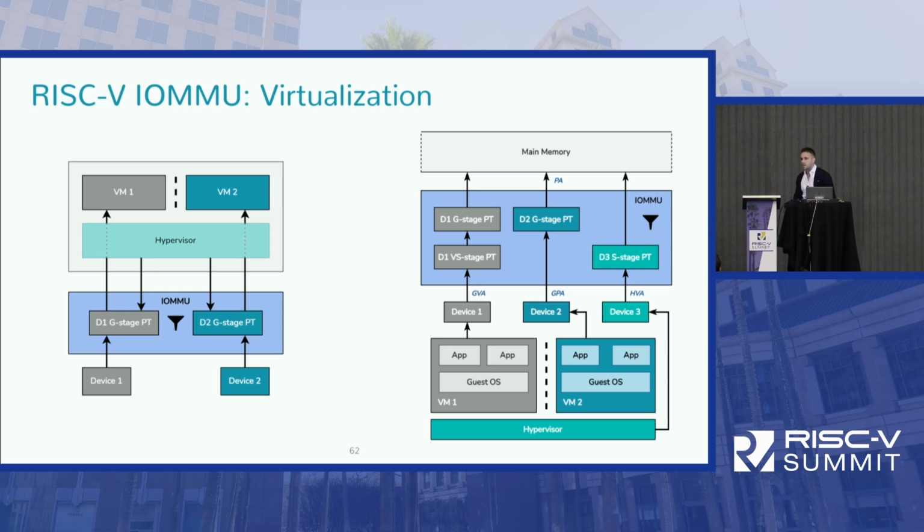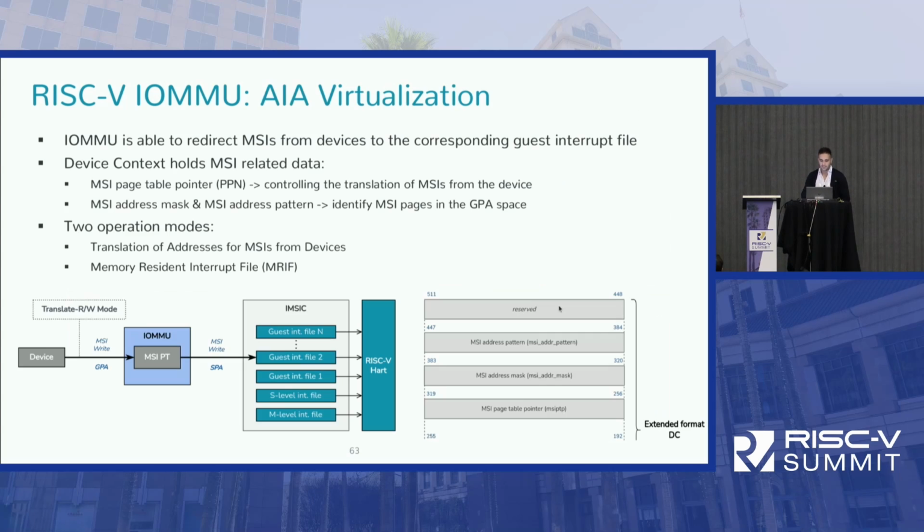On the right side, you have a more complex configuration where you can have dual-stage translation or just the pass-through configuration, or, if you want to assign a device directly to a hypervisor running in the virtual space, you can also set the page tables so that you can configure that.